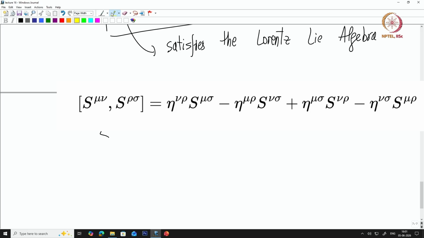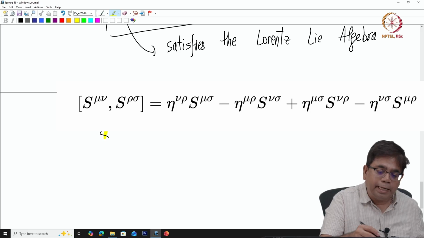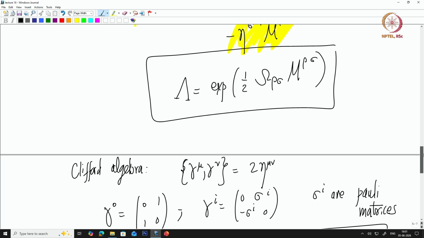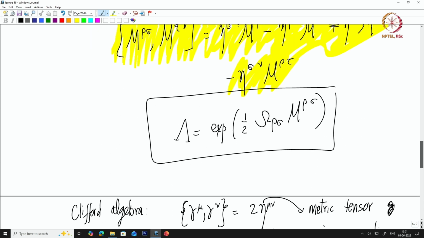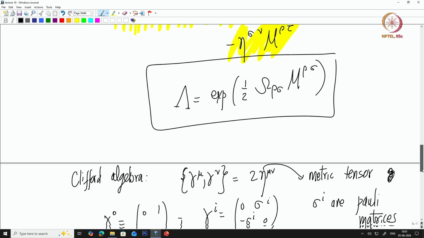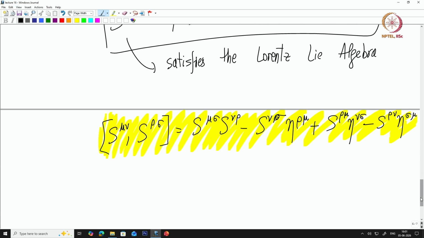Exactly the same thing. Here eta is your metric tensor, g mu nu or eta mu nu. So you see that it satisfies exactly this relation.